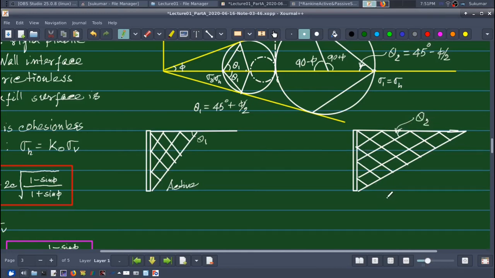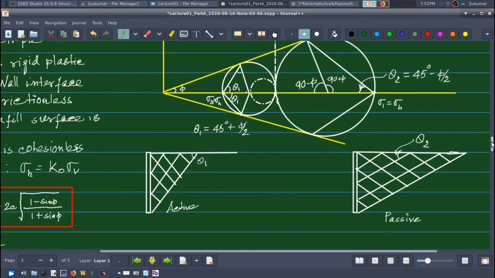Alright, so this is my passive condition. So this is how on a vertical wall Rankine's active and passive state occurs, thereby bringing the soil to failure.